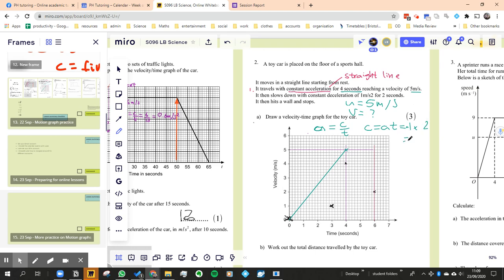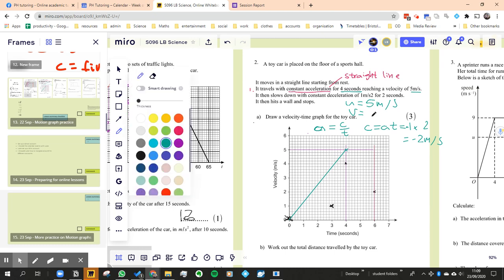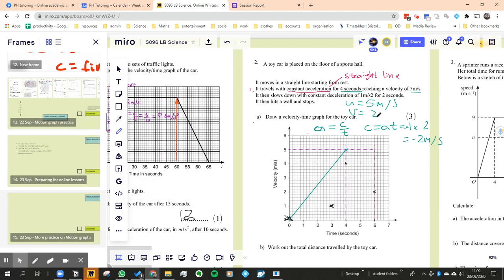So we know the change in velocity is going to be -2 meters per second. Well, it started at 5, so it's going to go down to 3. Oh, I wrote 2. I meant to say 3 meters per second. Okay, so now we know what it's going to drop to. It's going to drop to 3.